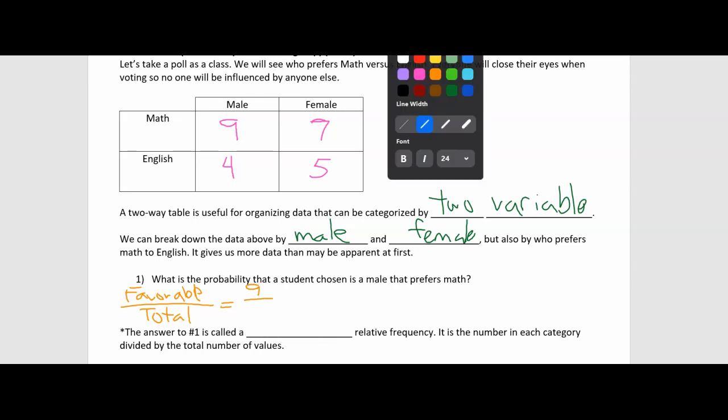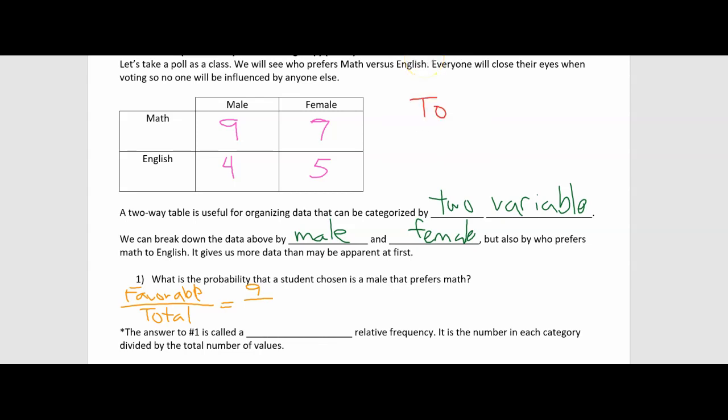If we add all of these numbers up, total students ends up being 25. 9 plus 7 is 16, 5 plus 16 is 21, 21 plus 4 is 25. So we get 9 over 25. We can just leave that as a fraction, or if we wanted to write that as a decimal, we could. 0.36 would be our answer there.